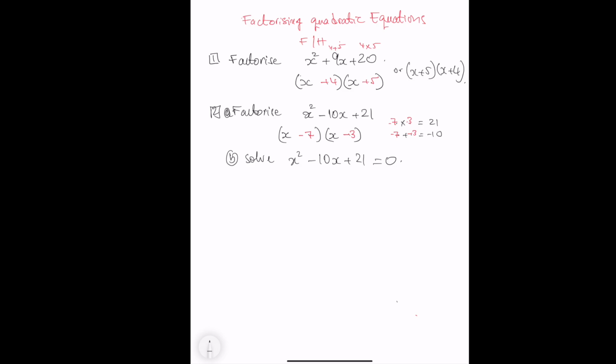Just use the factorization you just found, x minus 7 bracket x minus 3 equals 0. Put each bracket equal to 0 and solve them. So your answers will be x equals 7 and x equals 3.